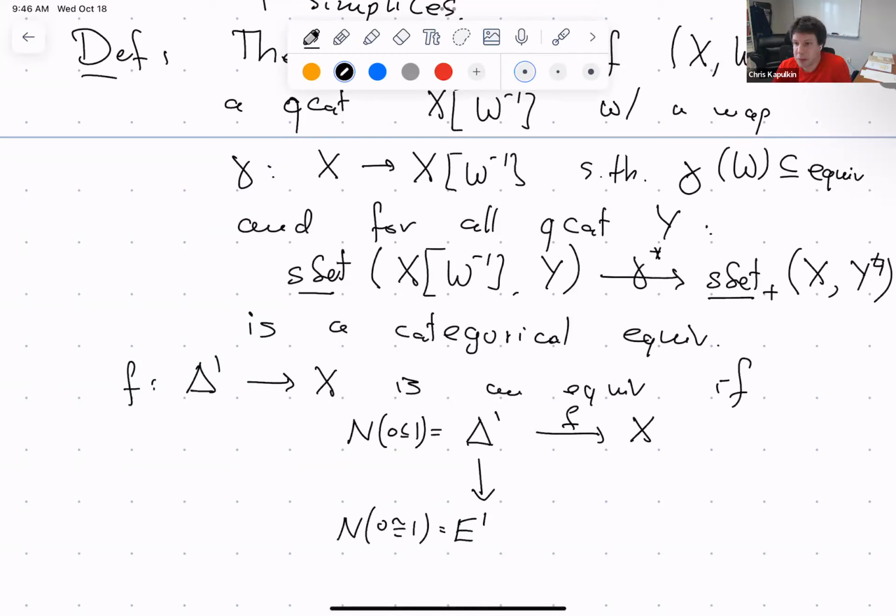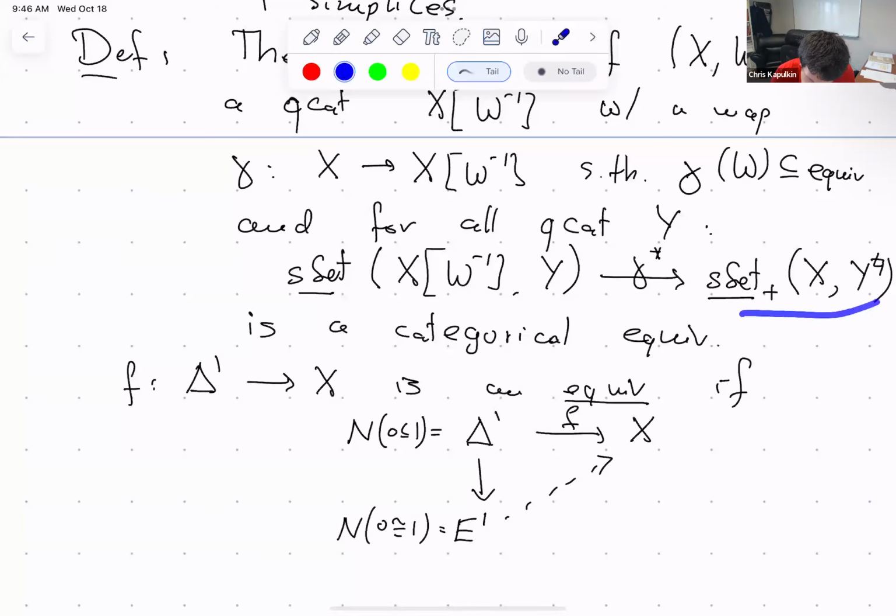It's the condition for being an isomorphism, and I say that it's an equivalence if such an extension exists. The maps I'm considering here take all the elements of W to the true equivalences of Y. If you unwind it, it's the exact same condition that we had before.